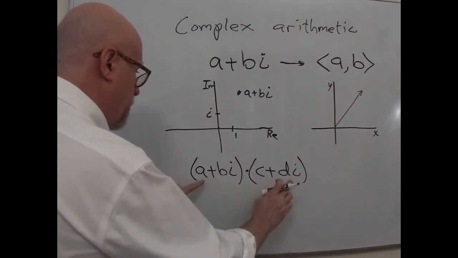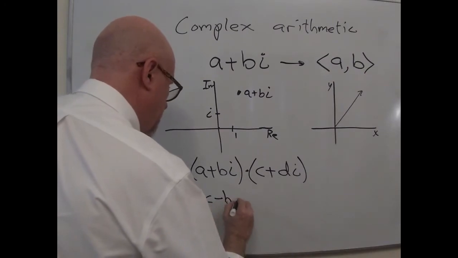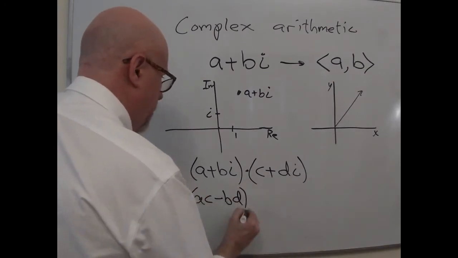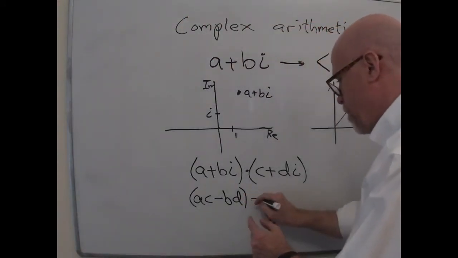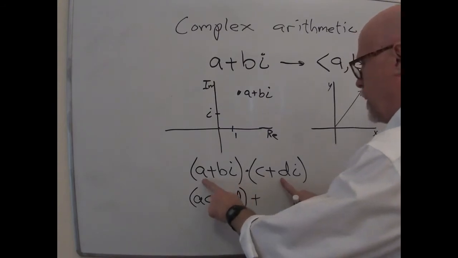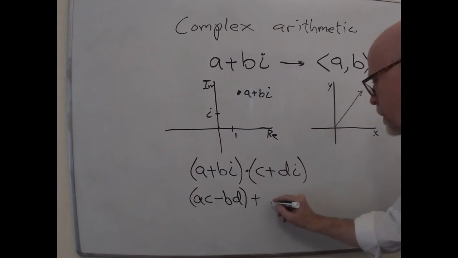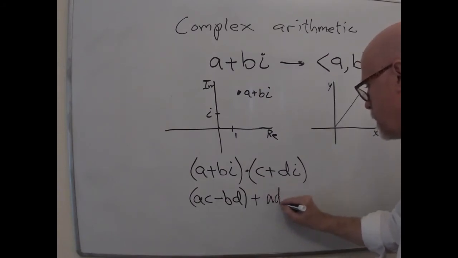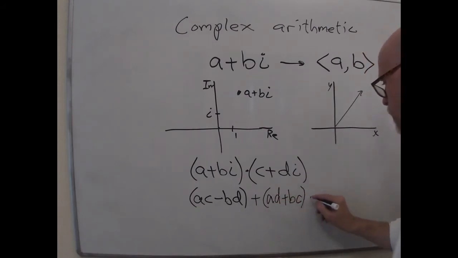So the first and the last entries give you ac minus bd. The things that end up still having an i in them, let's see, what's that? They'll be from outer times outer, there's ad, and from inner times inner, there's bc, those numbers all times i.